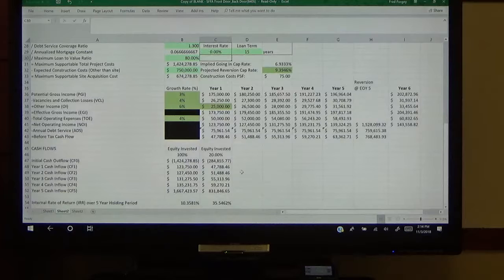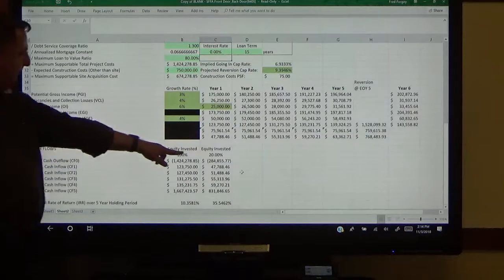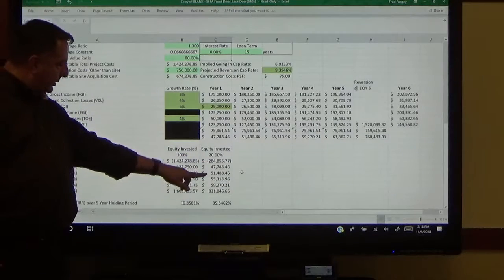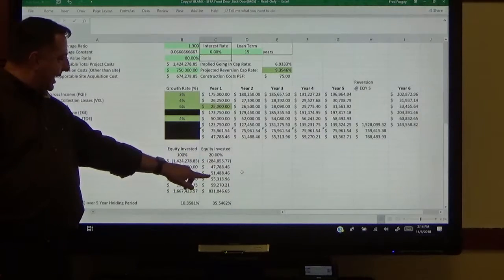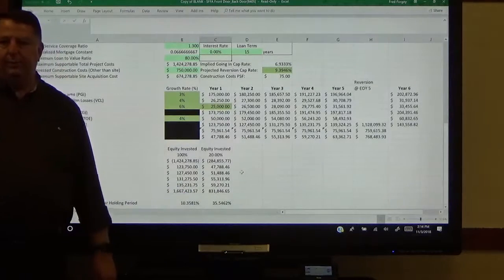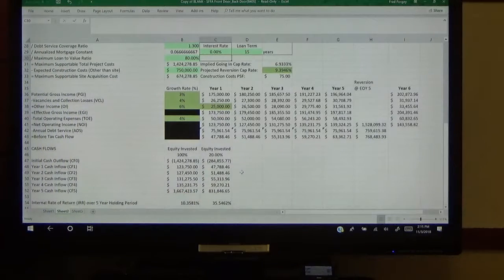Let's see if we put in a 0% interest rate. Okay, a 0% interest rate means we put in more money, and we're getting slightly higher dollars, but the rate of return, because you needed 20%. The dollars are staying constant, even though you're putting in more money. That's crazy.